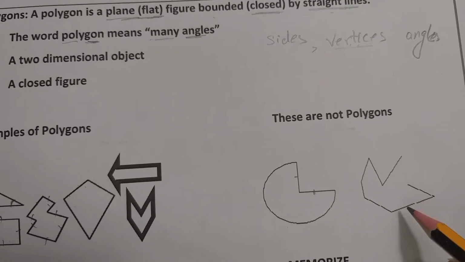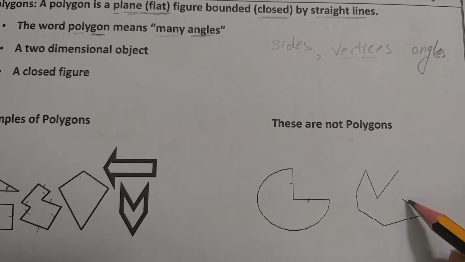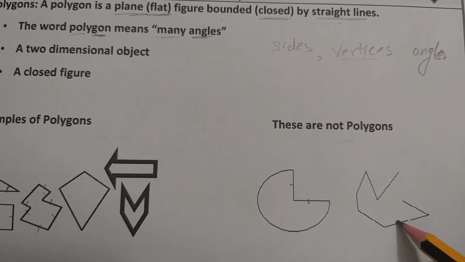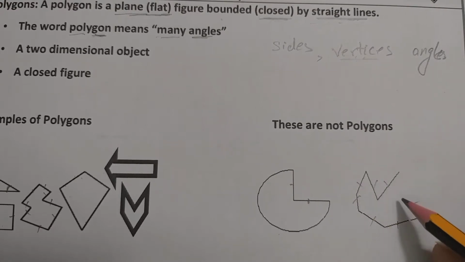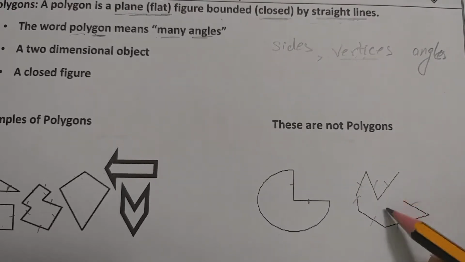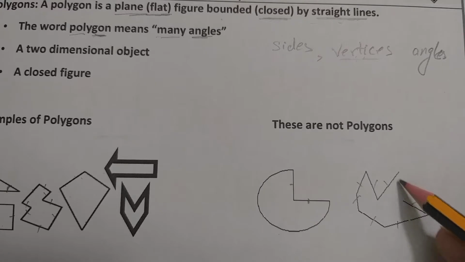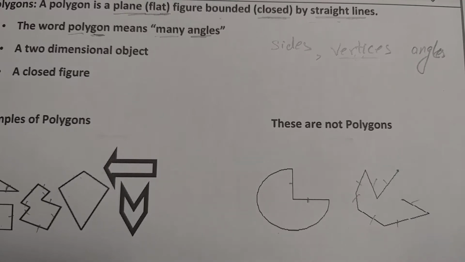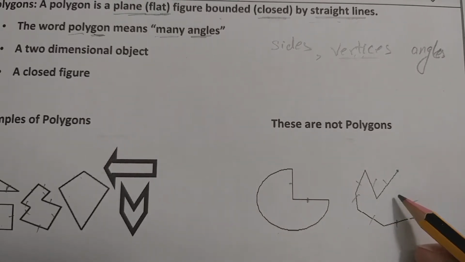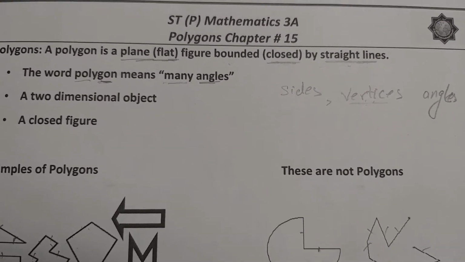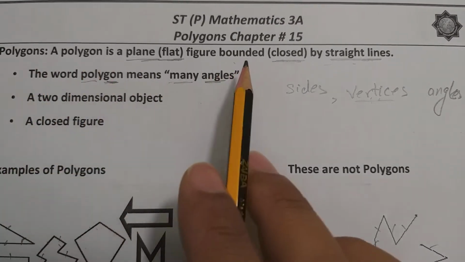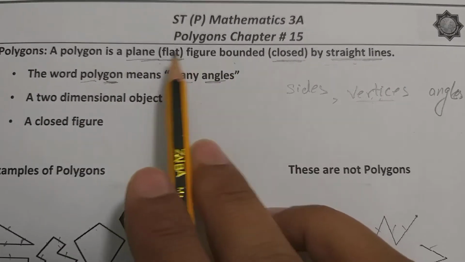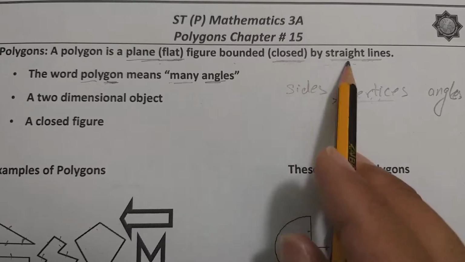Now in this diagram, if you observe here, this is not a polygon. Even though all are straight lines, there is an open area here which is not touched. If I join these vertices, then it becomes a polygon. But because this is open, as in the definition, a polygon must be plane and closed by straight lines.